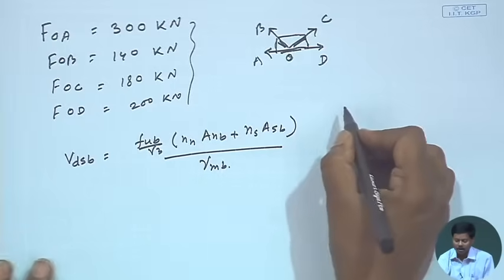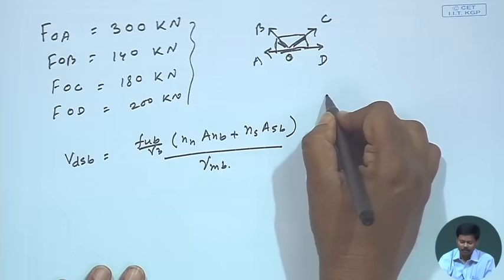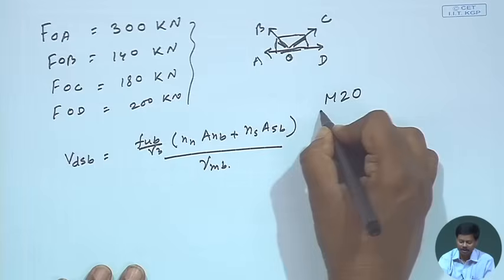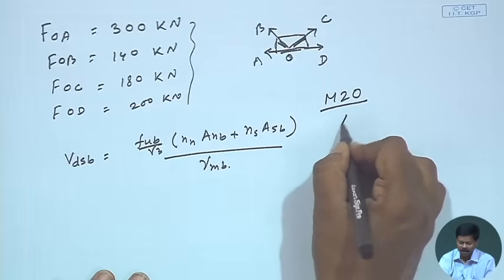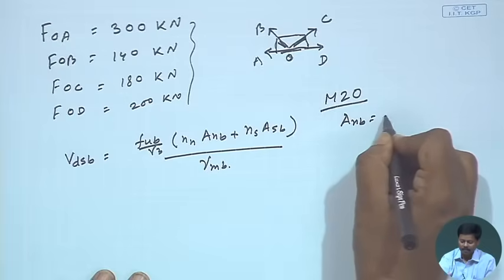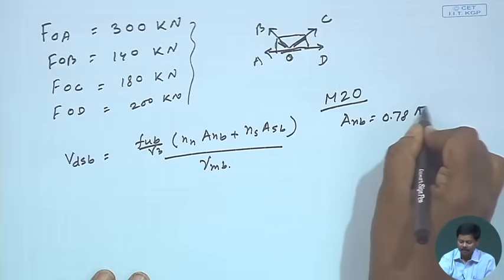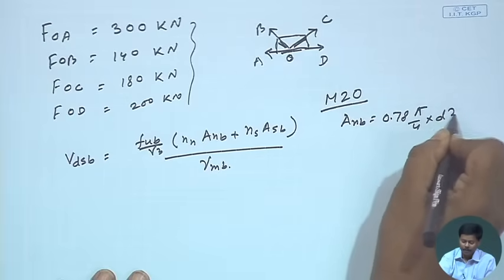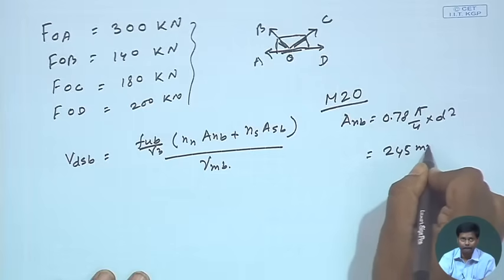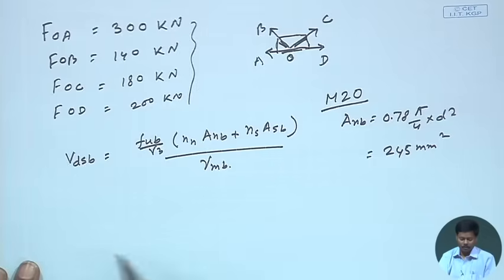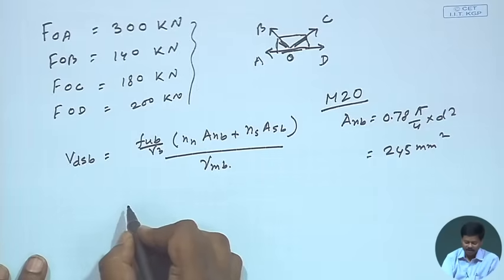Now, for M20 grade of bolt, the diameter of bolt is 20 mm. So, I can find out ANB as 0.78 into pi by 4 d square, which will become 245 millimeter square, right. So, VDSB we can find.